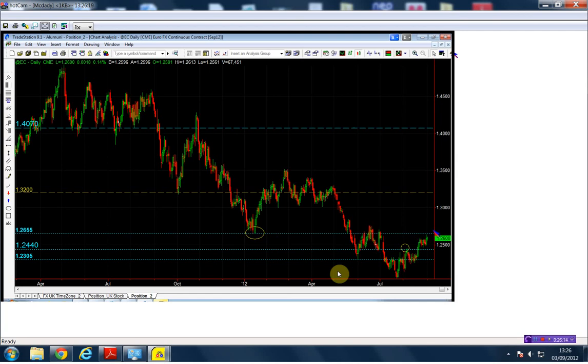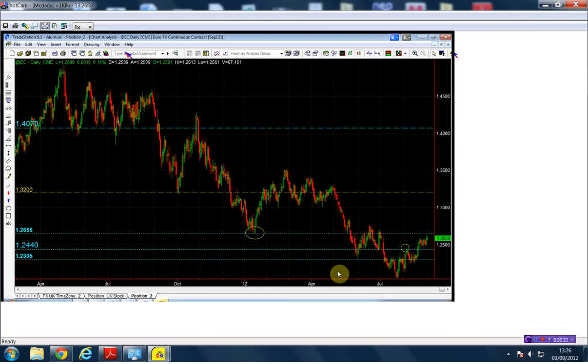Since the Swiss and the euro are very closely correlated, because the Swiss National Bank has pegged the euro to the Swiss, I think 120 or something like that.